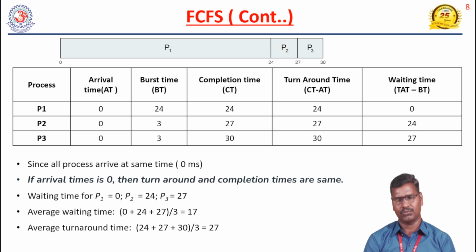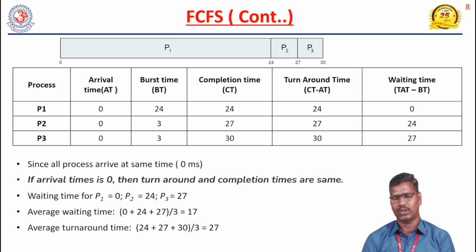Here the arrival time for each process is 0 only. So the completion time for the first process is its burst time, 24, and 24 plus the second burst time, 3, gives 27, and the third burst time is 3, so 27 plus 3, 30.